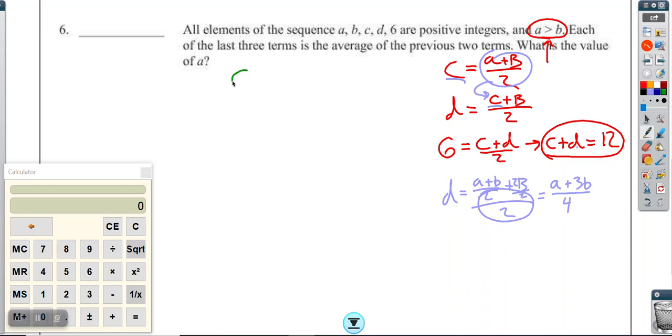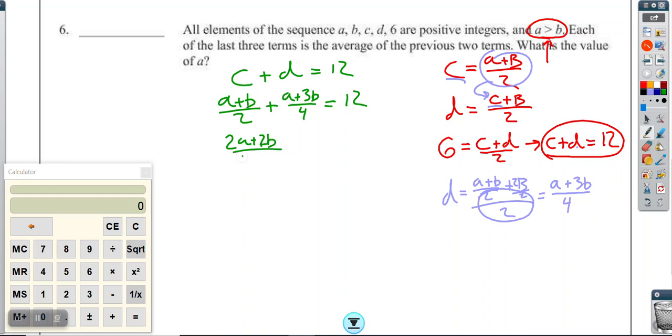So if we have C plus D is equal to 12, C is (A plus B) over 2, plus D is (A plus 3B) divided by 4. That's all equal to 12. All right. So our next step, well, we need to have a common denominator. So we have (2A plus 2B) over 4.